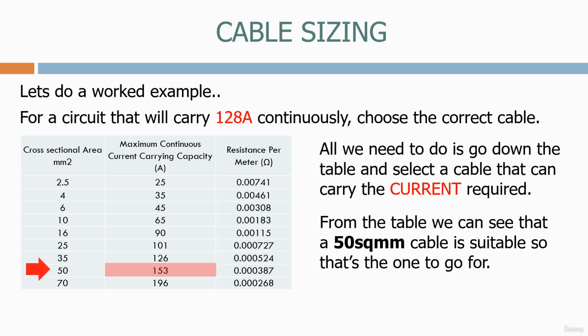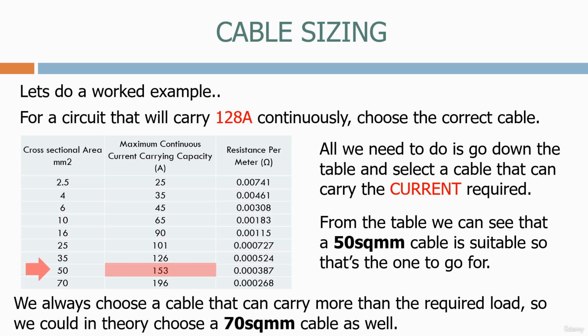From the table we can see that a 50 square millimeter cable is suitable, so that's the one to go for. We always choose a cable that can carry more than the required load, so we could in theory choose a 70 square millimeter cable as well.